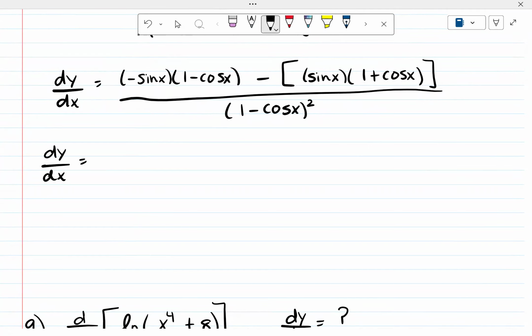When you FOIL this out, you're going to get negative sine of x plus sine of x cosine of x, minus the other bracket.